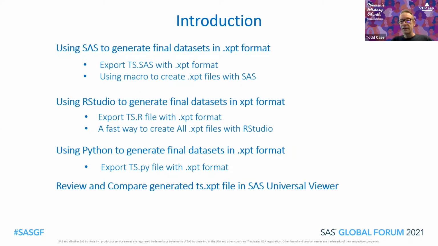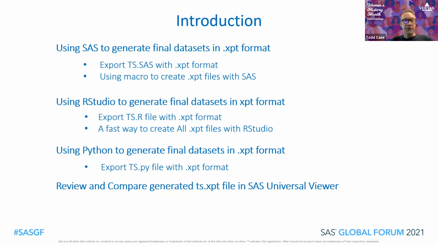This is the last slide of the introduction, and then I'll be turning it over to Yuting, and she'll walk us through the three different scenarios of creating XPT files using SAS, R, and Python.